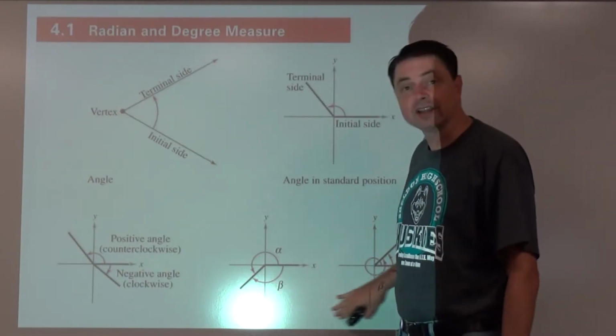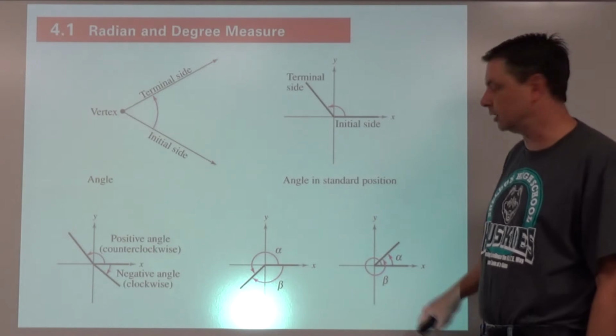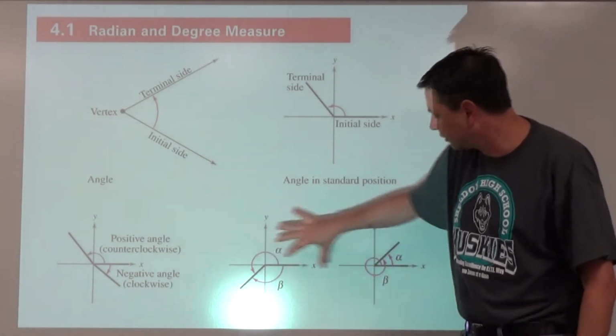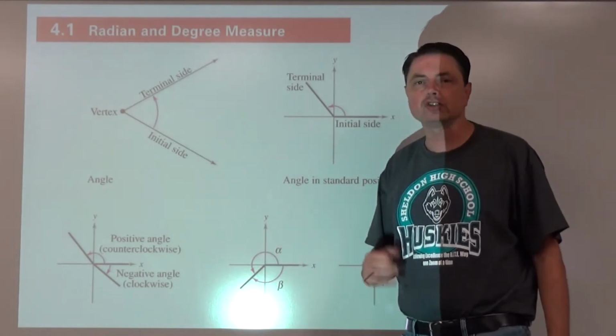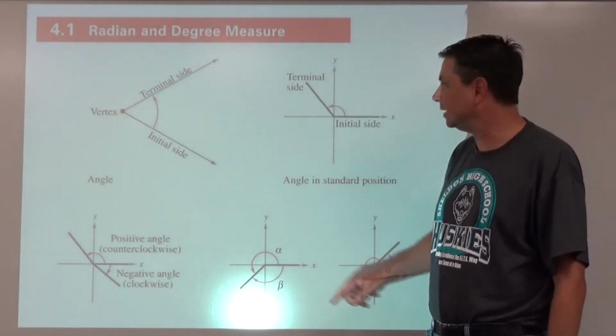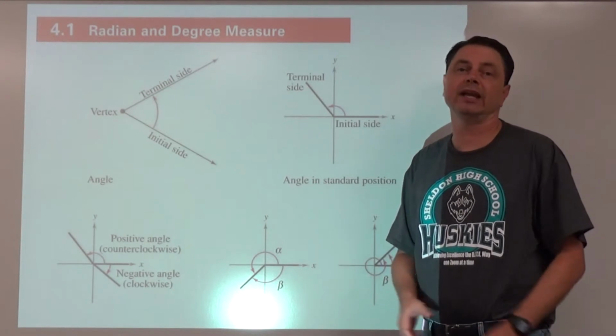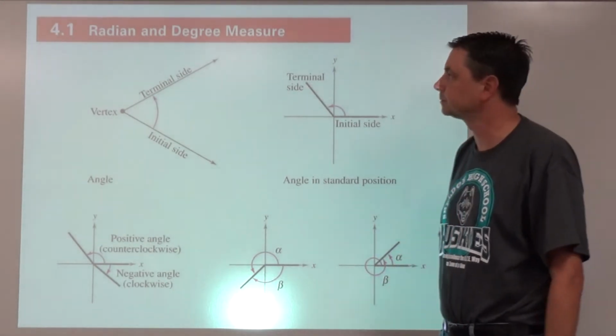The vocabulary is not there, but these are called coterminal angles. So both of these depict coterminal angles, where we're talking about two angles that have the same terminal side, terminate at the same location.